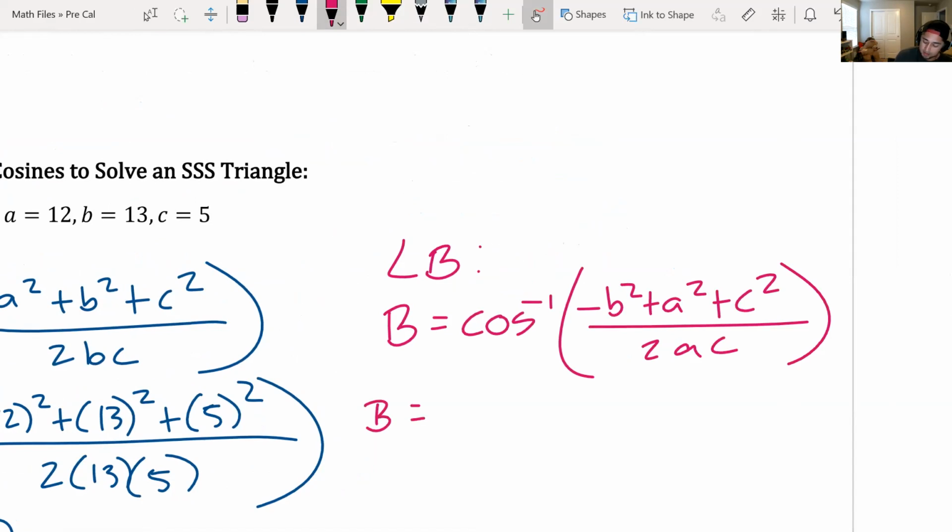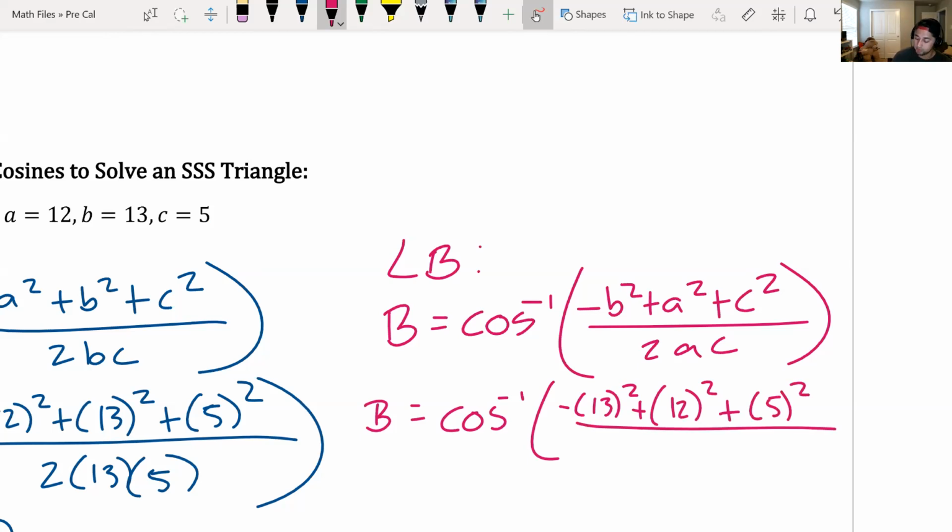This means B is the inverse cosine of negative 13 squared plus 12 squared plus 5 squared over 2 times 12 times 5.